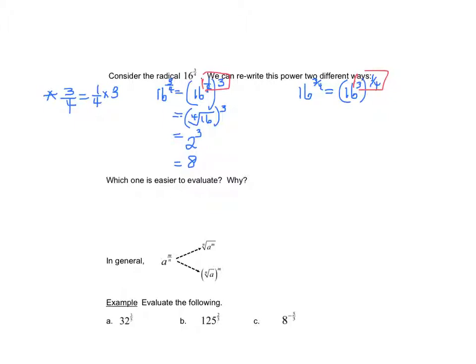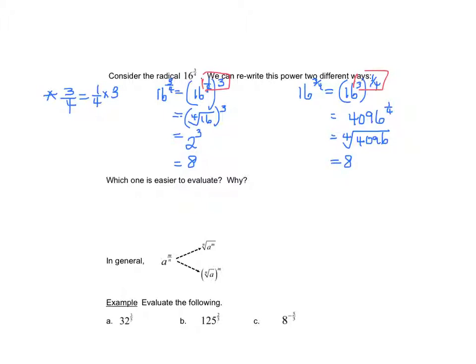So that one's rather easy to evaluate mentally. If I chose to answer the question this way, 16 to the exponent 3, if I use a calculator, is 4,096 to the exponent 1/4. So I would have to find the 4th root of 4,096, and it is 8, of course.